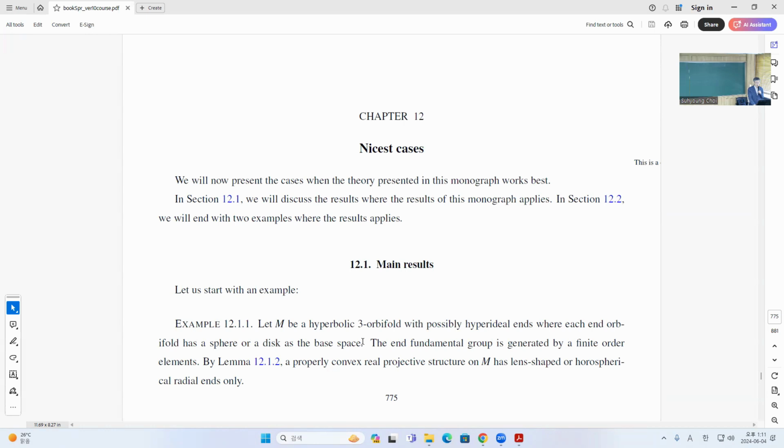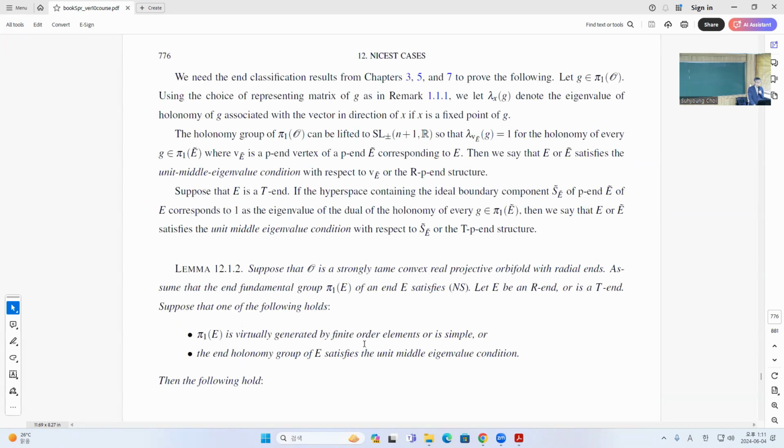Because this is one. So basically this lambda x denotes the eigenvalue. And if it is always one, then you say that you satisfy the unit middle eigenvalue condition for this R^n or T^n structure.